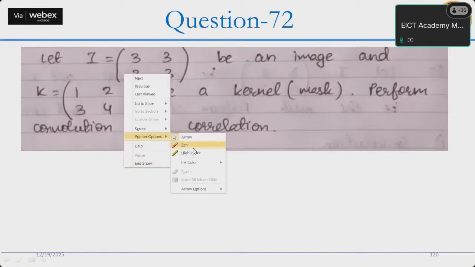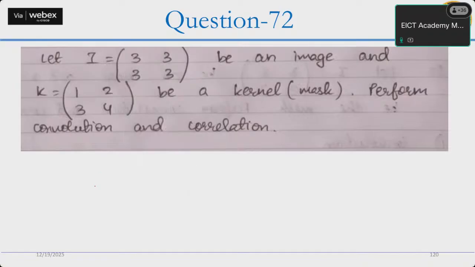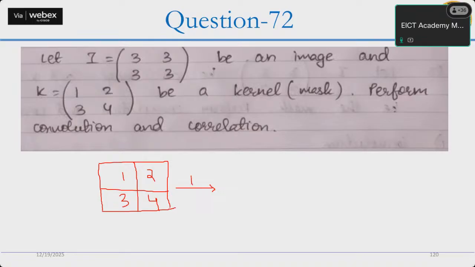So check it out. This is one, this is two, this is three. Once you rotate it horizontally, you can do it either way. First you can do that, and see what you will get.